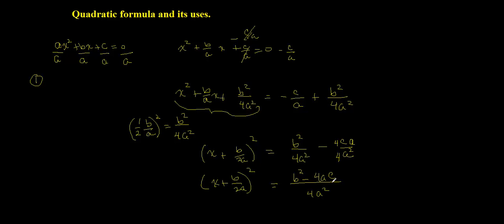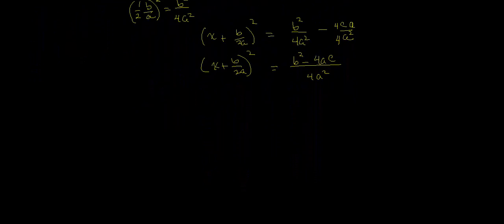And let's make some room. If I take the square root of both sides equally, this would eliminate my square there, so I would get x plus b over 2a equals, now when you take the square root of a square, you have to get a plus or minus. You will see why. There's two possible solutions here.